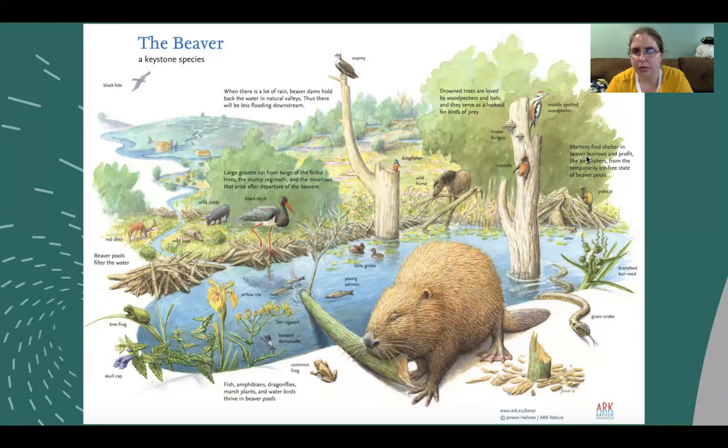Here we talk about martens kind of moving in and taking over some of the old beaver dams. Downed trees are loved by woodpeckers and bats, as they serve as a lookout for birds of prey. So it's giving you all these different ways that these organisms are being affected by the presence of beavers.